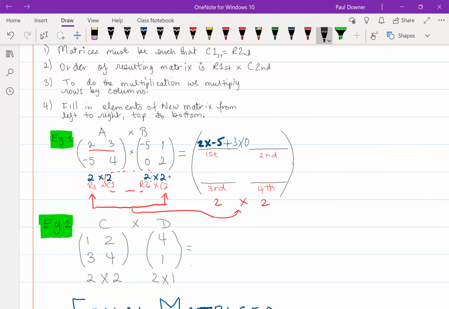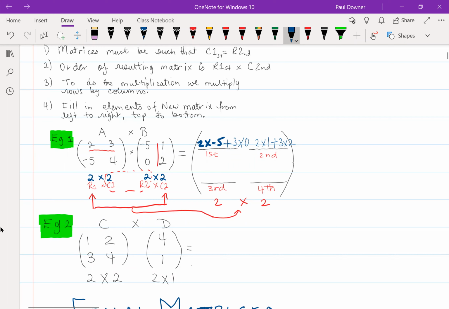So we have to multiply the 2, 3 by the 1, 2 now. Right? So let's do that calculation: 2 by 1, plus 3 by 2. Okay, that's what's going to go in the second one.